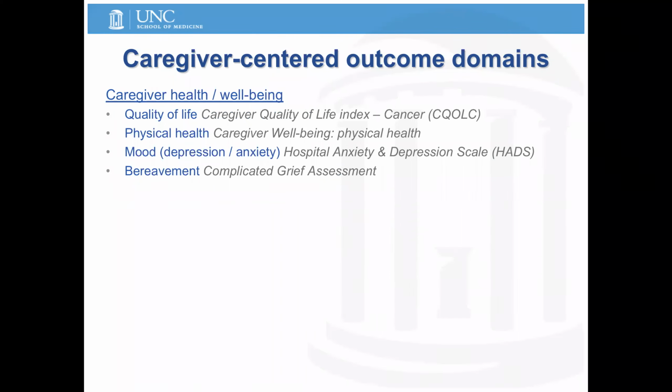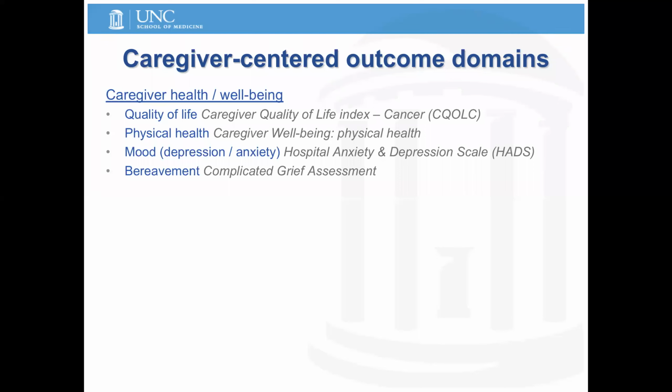Caregivers also may have outcomes that are absolutely essential to study in interventions that are specific to the caregiver's health and well-being, distinct in an important way from outcome measures that capture the caregiving experience.